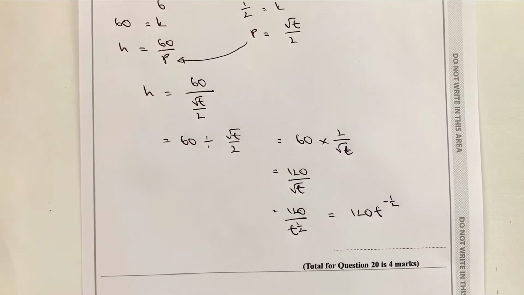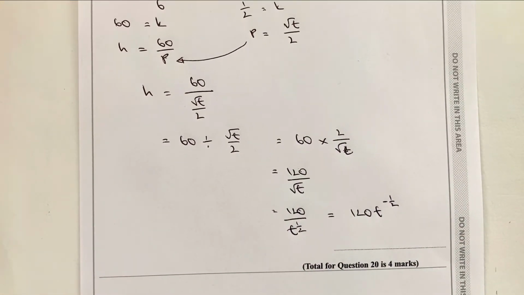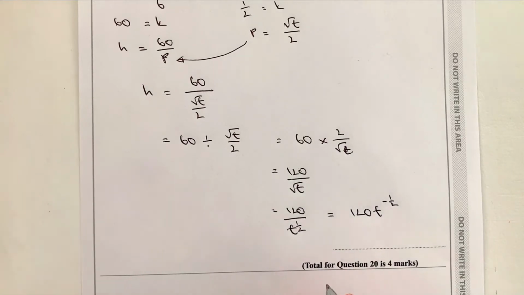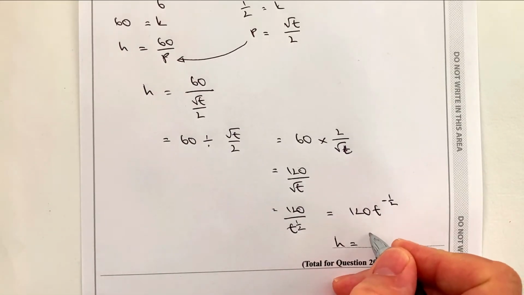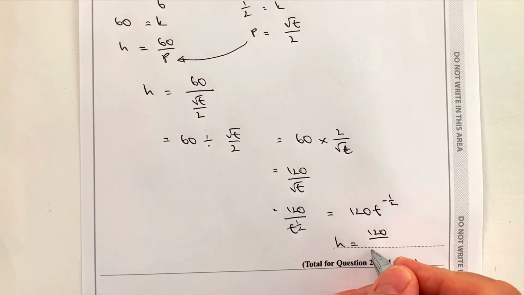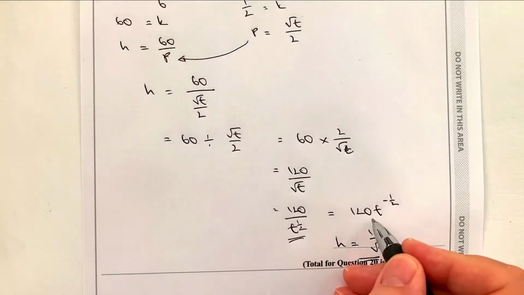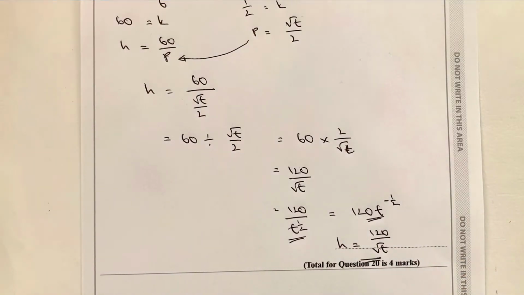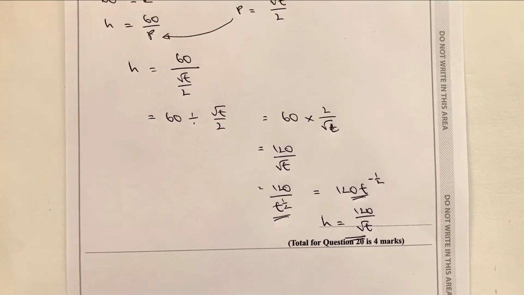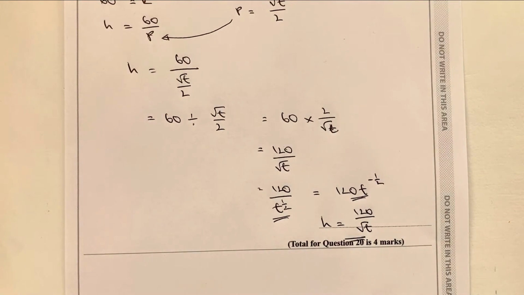It doesn't really matter, all of those are exactly the same. Personally speaking, I would probably leave it as h equals 120 over root t. That's me personally, but I absolutely get you could use that one or that one. It really wouldn't make any difference, and certainly from the marking scheme, that's absolutely fine.